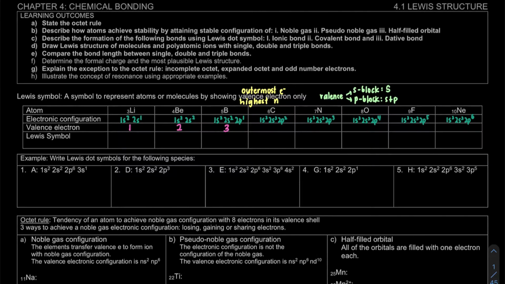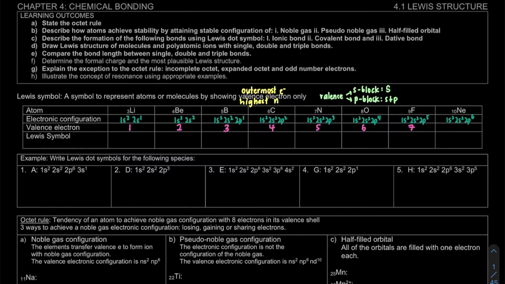For carbon, here we have 2 plus 2, because n equals 2 has 2s and 2p.